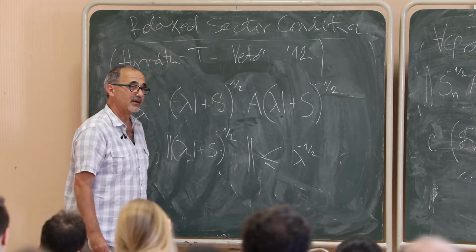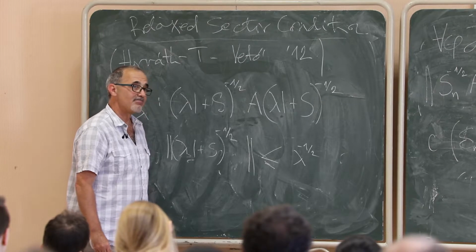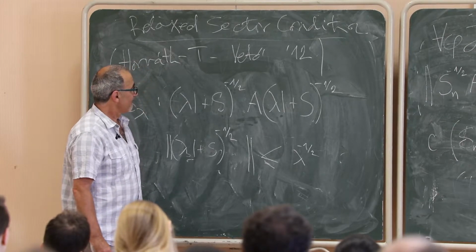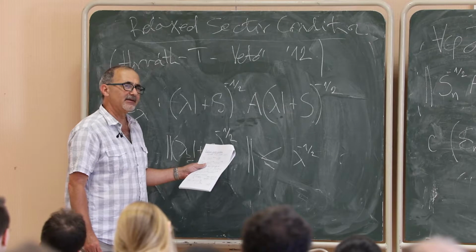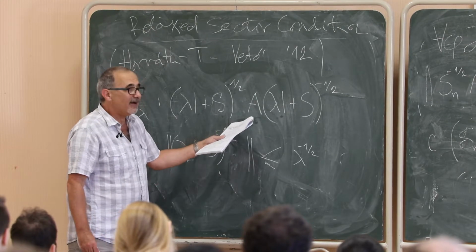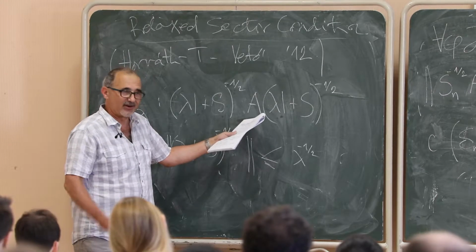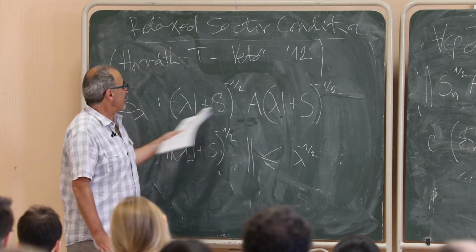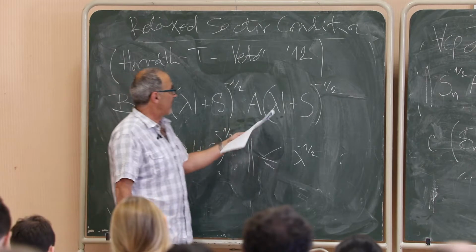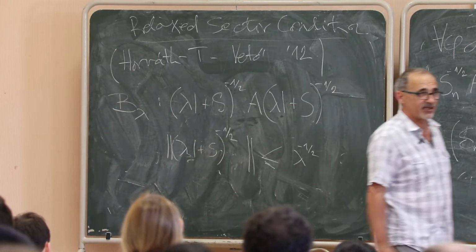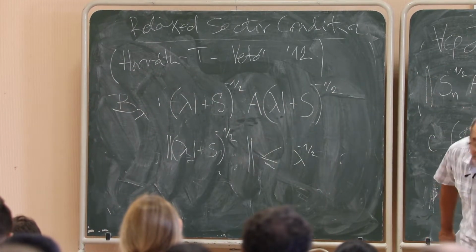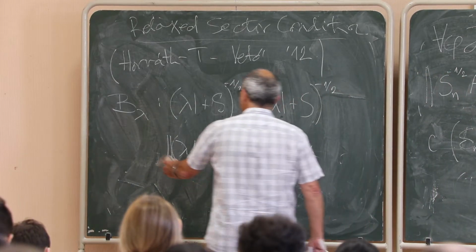You agree? Yes. Good. So it should be bounded by something times 1 over lambda. You said it should be something times lambda. Oh, sorry. No. I meant 1 over lambda, of course. Okay. So that's the point. This operator norm is bounded by norm of A times 1 over lambda. Yeah. Sorry, I made a mistake.